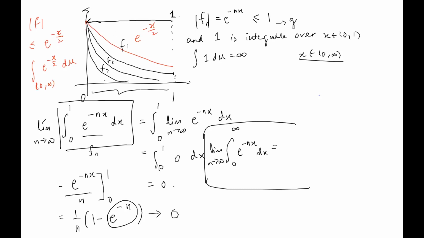So basically, over here, this Lebesgue integral is the same as your Riemann integral. And we know that this is giving us some finite amount, right? So because of this, we can justify the interchange. And this, of course, is again 0.